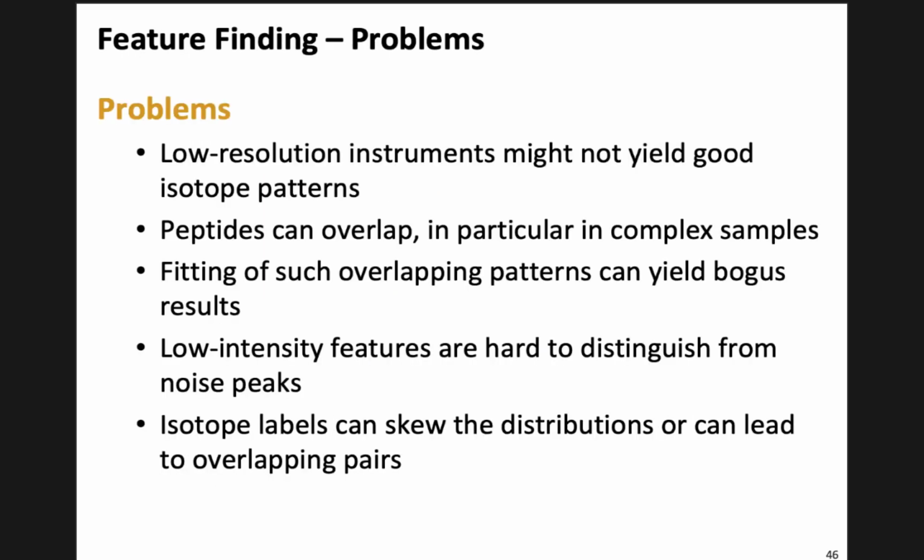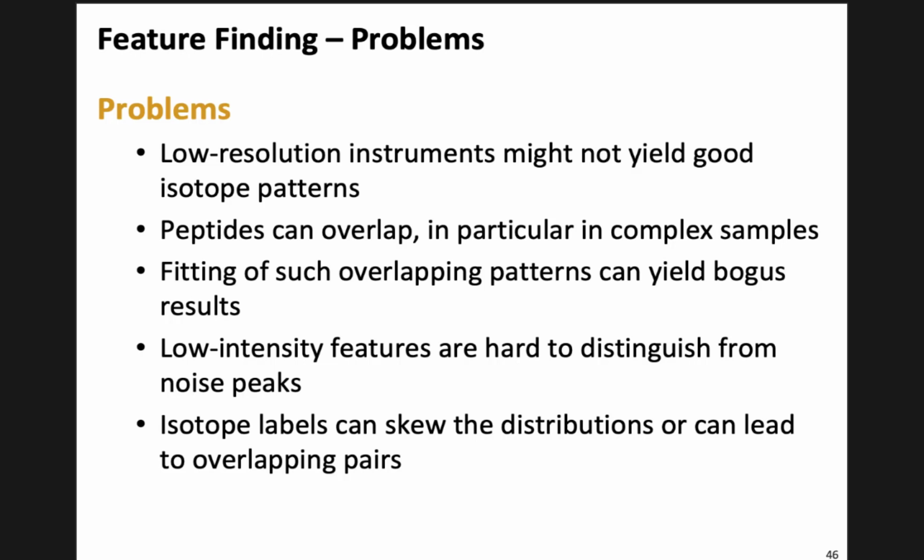So on the whole, this type of algorithm works reasonably well. There are a couple of issues. First of all, low resolution instruments might not yield good isotope patterns. That problem has more or less disappeared, except for very large proteins, where we see that again.